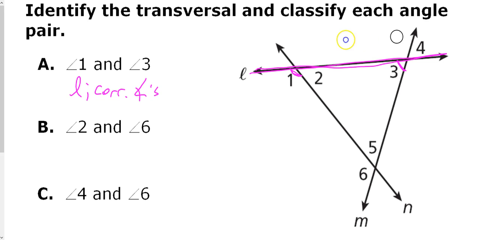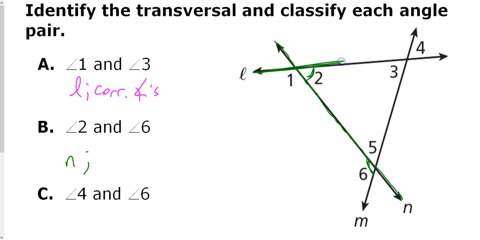Now let's move on to letter B here. So letter B asks about angle 2. So angle 2 is here, and angle 6. So the line that touches both those angles is this line here, which is line N. So N is my transversal. And they're both interior because they're between the two lines.